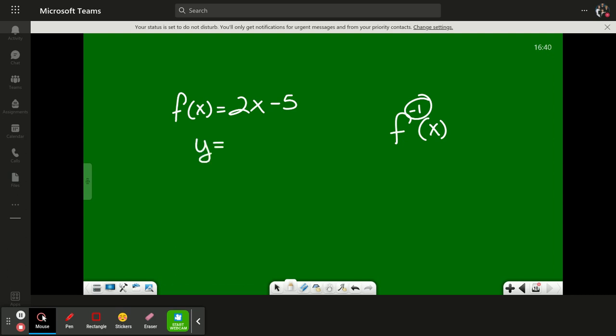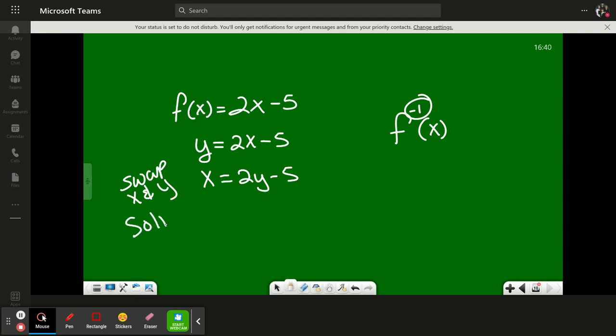One, I'm going to get rid of f of x and replace it with y. Two, I'm going to swap x and y. So x equals 2y minus 5. And then I'm going to solve for y. I'm going to add 5 to both sides.